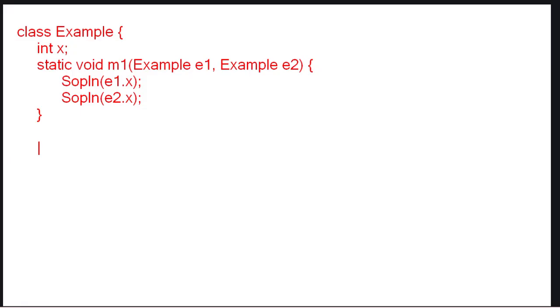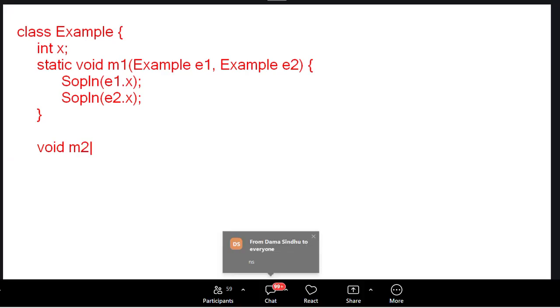Again I am asking a question, think carefully. Which method takes one object compulsorily as an argument? Static or non-static? Write down. How can we pass two objects as arguments to a non-static method? Write down the question.